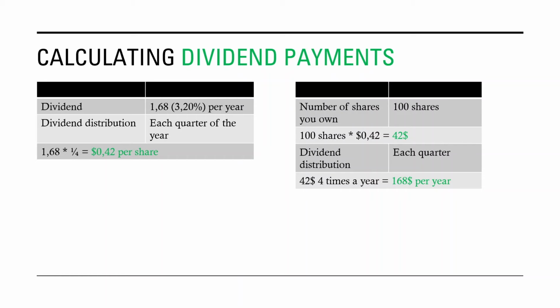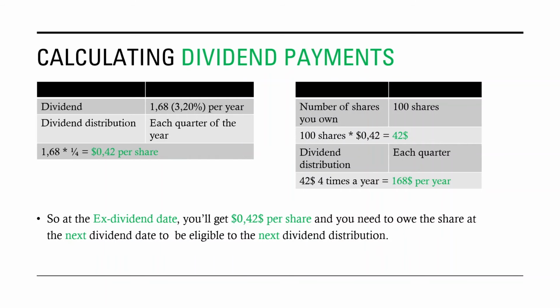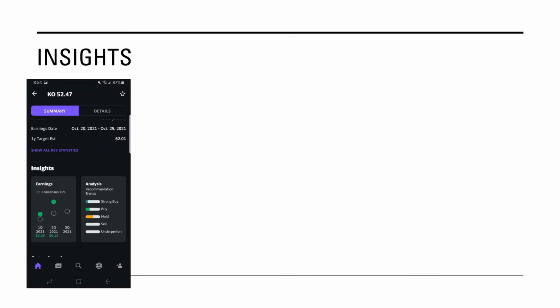That's gonna be $42 every 3 months. So in total, at the end of the year, you're gonna receive $168 per year. And to get the dividend of $42 every 3 months, you need to own the stock at the ex-dividend date.